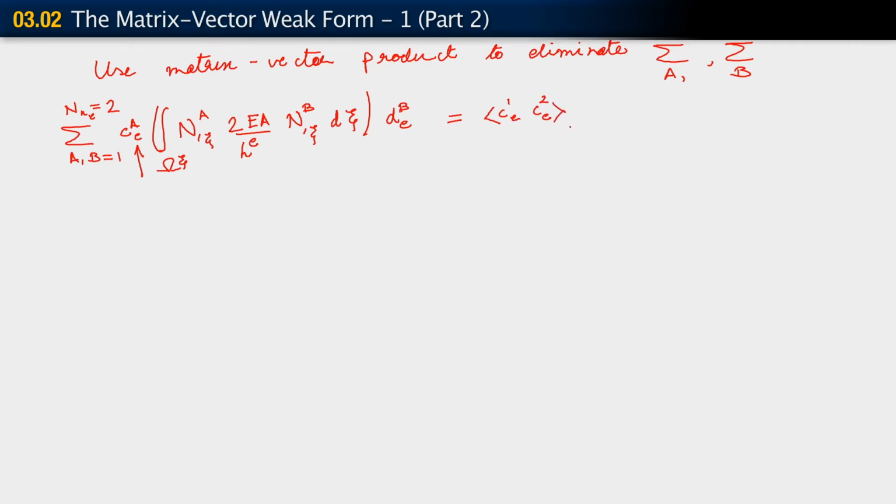Now, what I will also recognize here, something I could have done in an earlier step, is that h^e, of course, is a constant because it gives us the length of the element. In many cases, the modulus and the area may not be constant within an element.